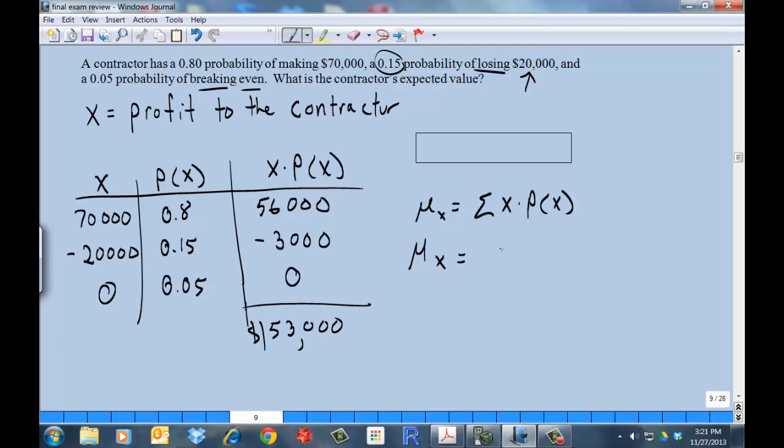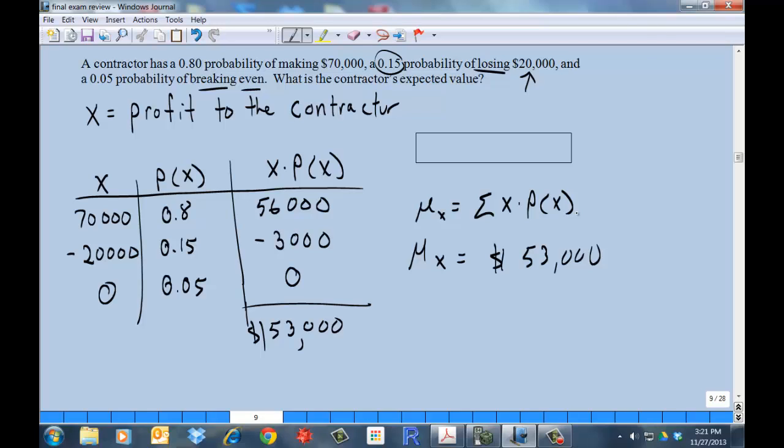So that's essentially what he can expect to make over the long term. If he builds a whole bunch of these properties, assuming he's building houses here, he can expect in the long run to make $53,000 per property.